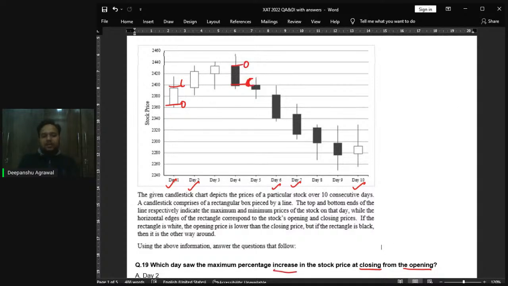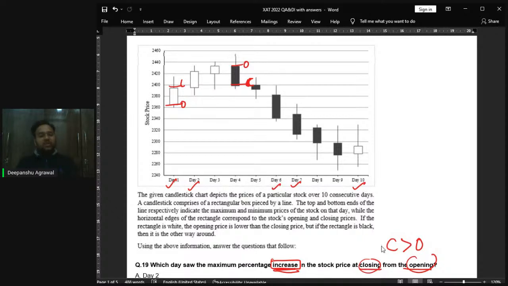Now it is a very good hint in this, that if they are asking the percentage increase at closing from opening, so obviously closing should be greater than opening. Otherwise it would be a decrease.